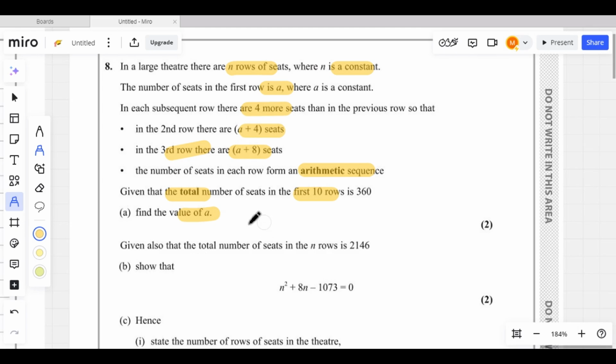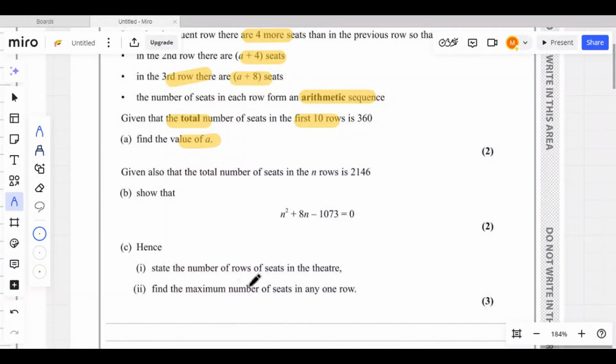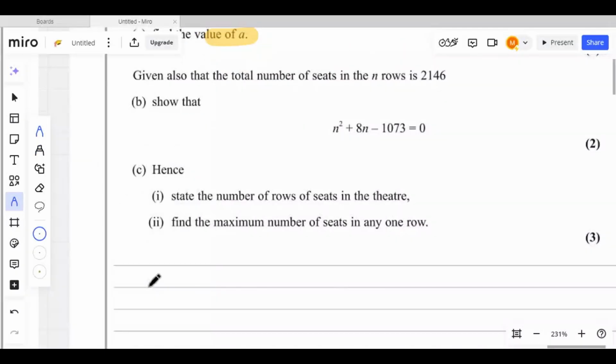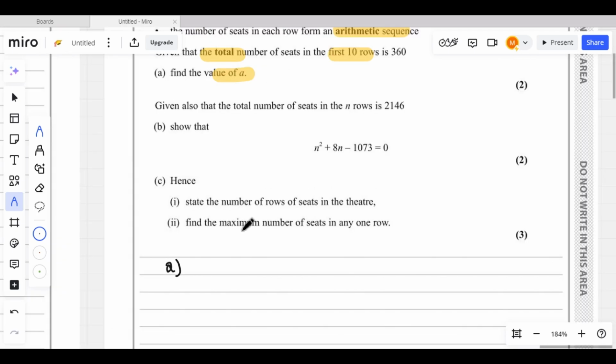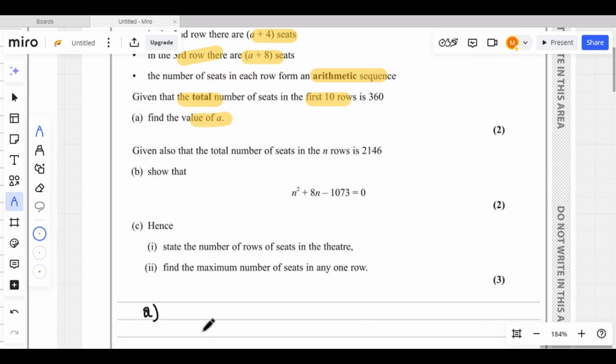Okay. So what's the formula for the sum of n terms in an arithmetic progression? This is n over 2 times twice of A plus n minus 1 times D, right? So here we got the common difference. D is equal to 4. It is increasing by 4.